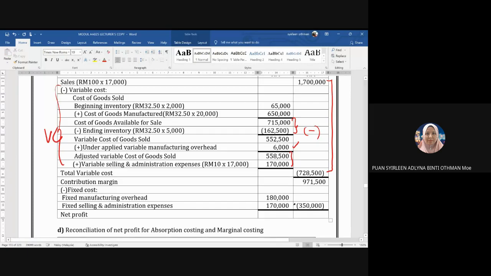Okay, you will deduct the fixed cost items, and we will get net profit of 621,500. Okay, Madam, make it a bit smaller.